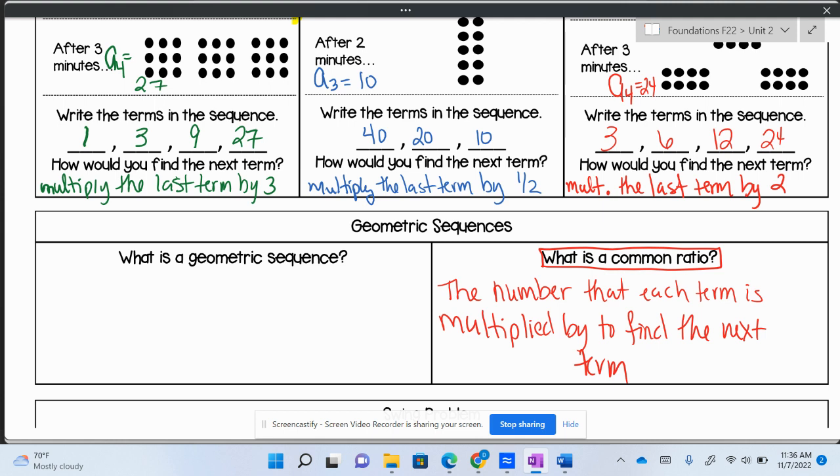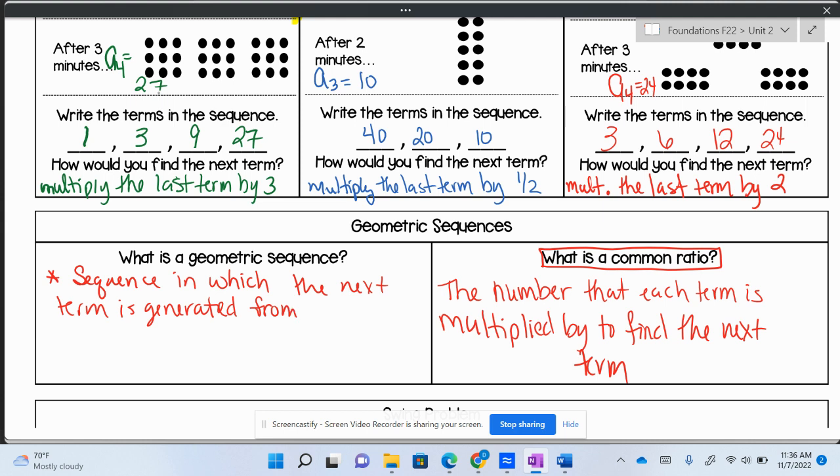So what is a geometric sequence? Well, a geometric sequence is a sequence in which the next term is generated from multiplying the previous term by the common ratio.